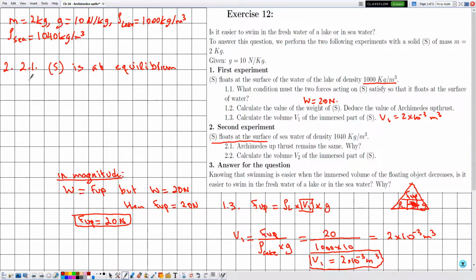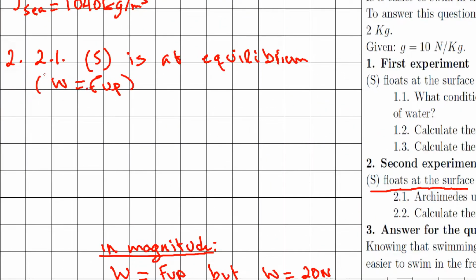What do we mean by S remaining at equilibrium? That the magnitude of W is equal to F upthrust. Recall that we determined this relation from the condition of equilibrium, that the vector W is equal to minus F upthrust.